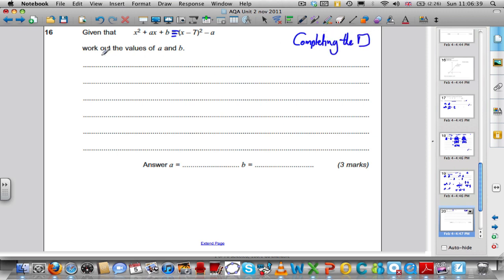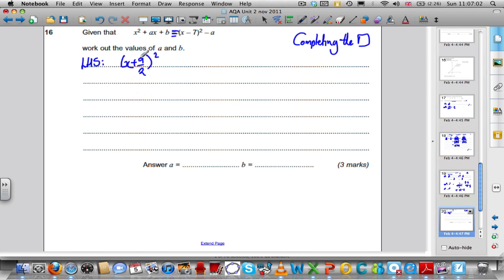So what I'm going to do is start off on the left hand side and try and complete the square. Remember, you put your x in brackets with a square outside. The sign of the number in front of the x you put in here. You halve the number in front of the x, so a over 2.